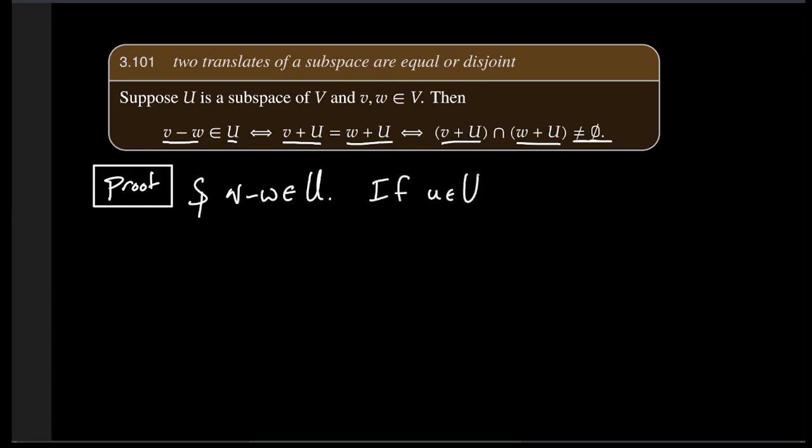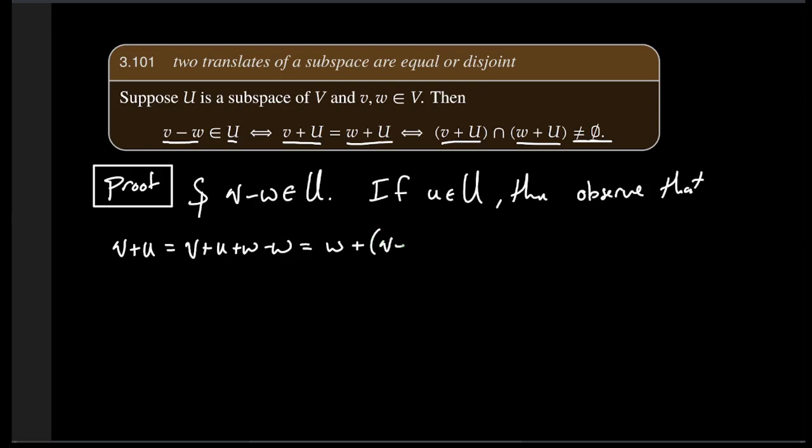If u is in U, then observe that, here's the idea, v plus u is equal to v plus u plus w minus w. Yeah, agree with that. You just added 0. Okay, well this is equal to w plus (v minus w) plus u. And hey, would you look at this?